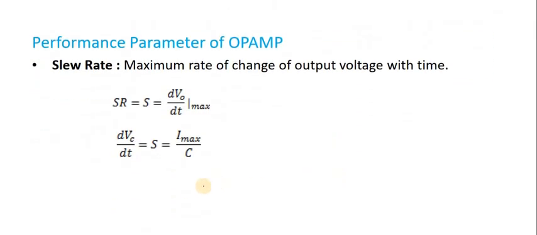Next is the slew rate. Yes, slew rate is an important topic. It is the maximum rate of change of output voltage with respect to time, maximum of dV out by dt, or I can write Imax by C, where Imax is the maximum current and C is the capacitance.